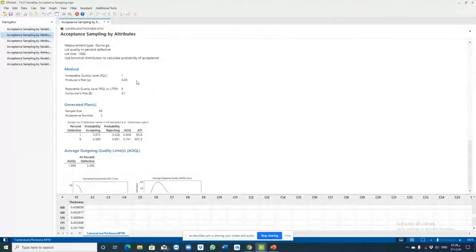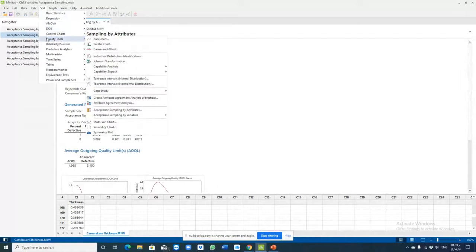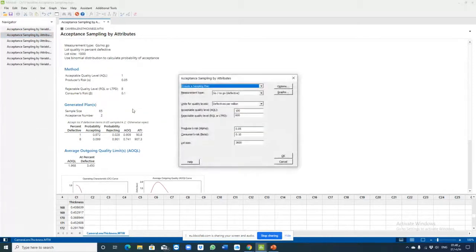Okay, so when we would like to do the analysis on the Minitab, we go to Stat, and we select Quality Tools, and we select Acceptance Sampling by Attributes, and then we enter the information that is given in the question.